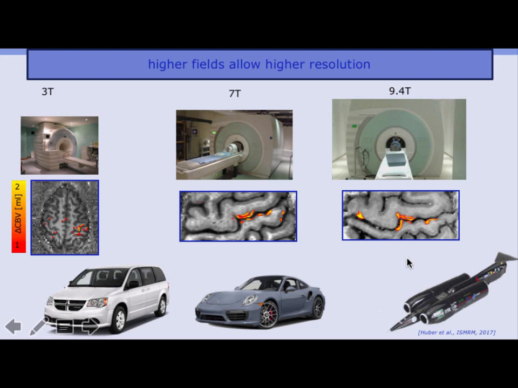I think you can think of it in this way here, showing that 3 Tesla might be the most cost-efficient way of doing fMRI. It's established, you press a button and it just works. While 7 Tesla might give you some extra performance if you're willing to put extra effort into it, but it still is established enough that it mostly just works. And this is not really true at 9.4 Tesla just yet, where you really need a whole team of engineers working on it, and even then you get 1 or maybe 2 successful experiments out of it every few days.